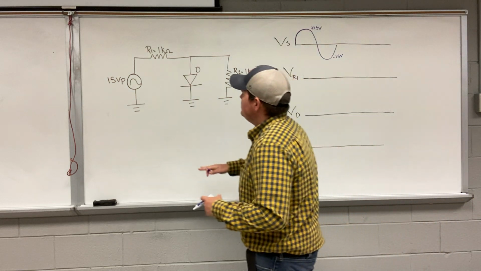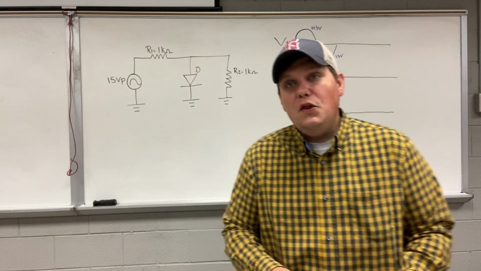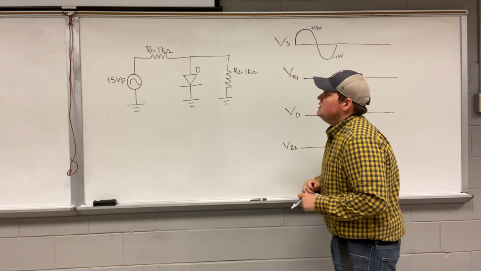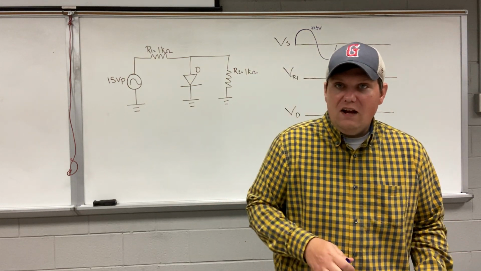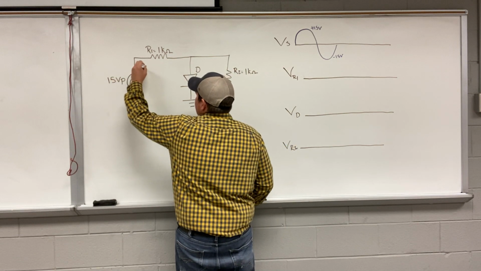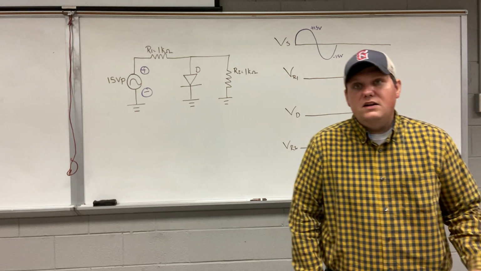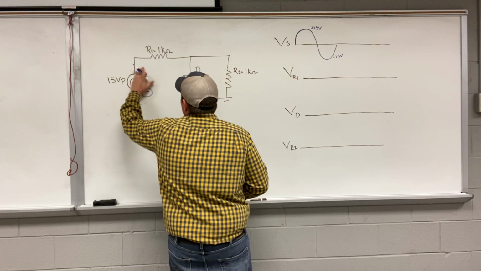So now let's look at what the other waveforms are going to look like. So first, let's remember what our upswing and our downswing are. So the upswing, remember, this is your polarity. And then on the downswing, that polarity swaps.